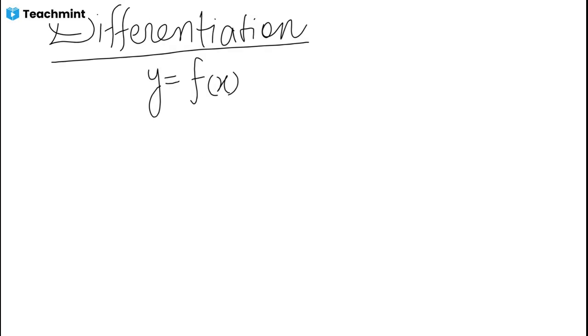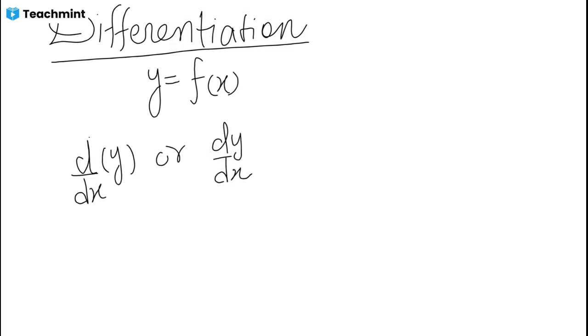We have lots of formulas here, so I'm telling you along with an example of each. The symbol of differentiation with respect to x is d over dx of y, or simply dy over dx.